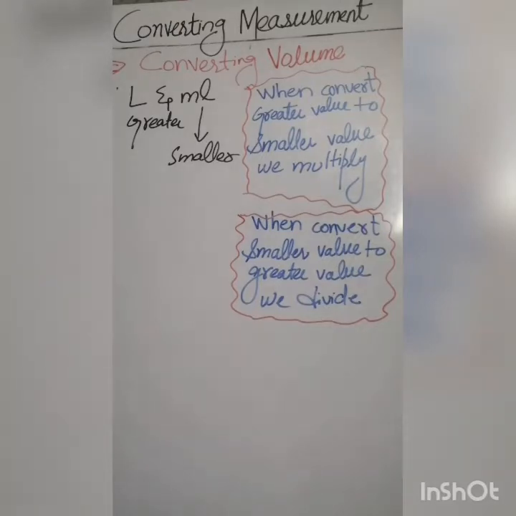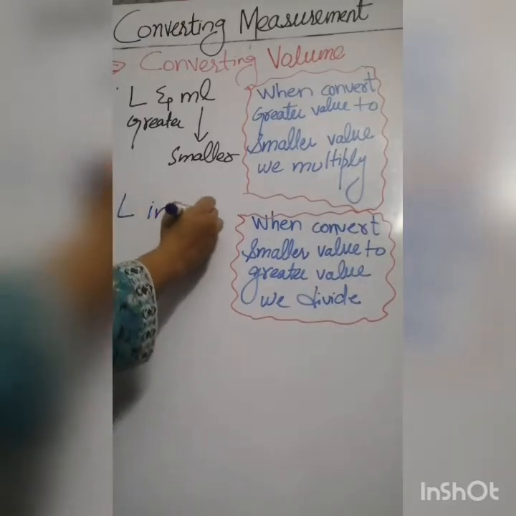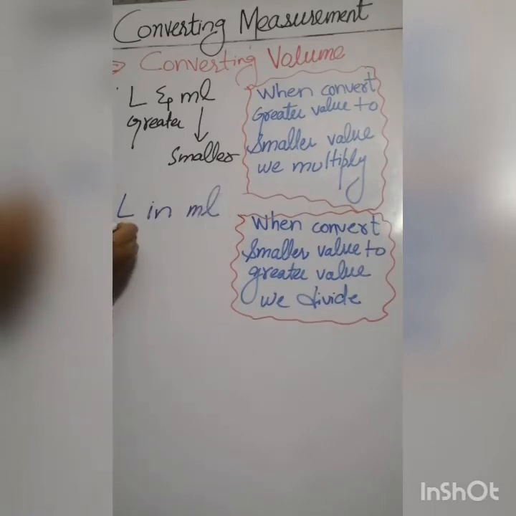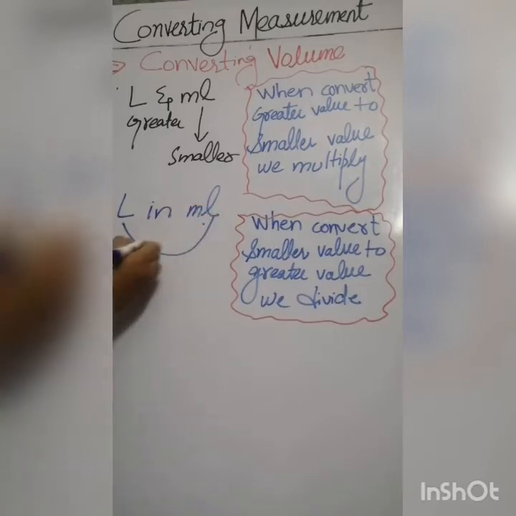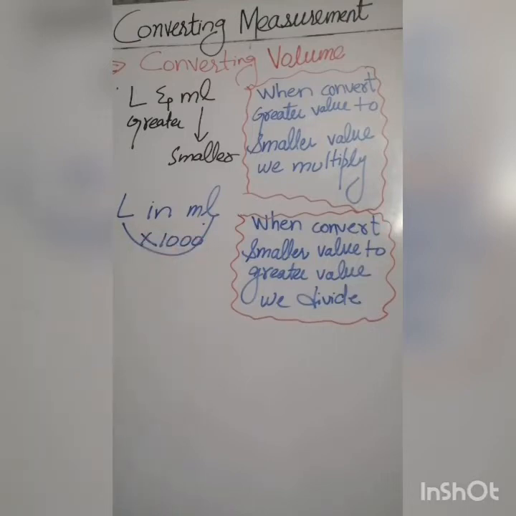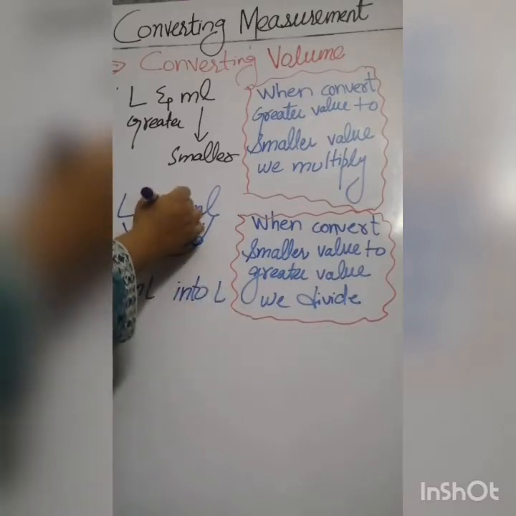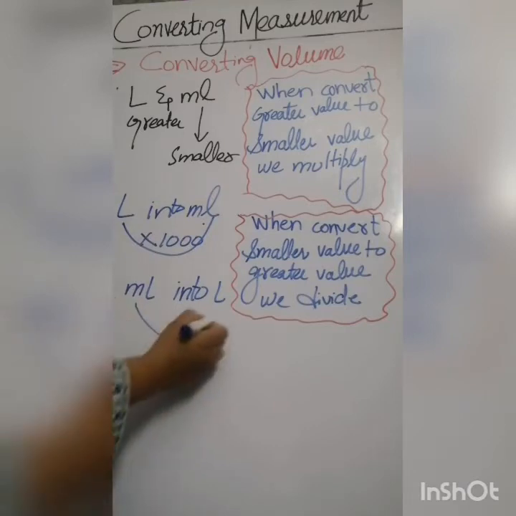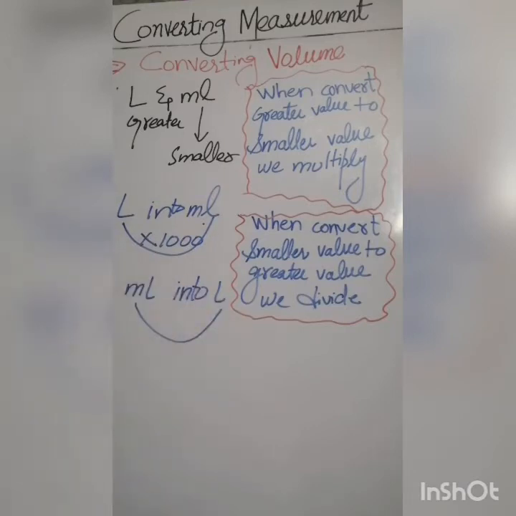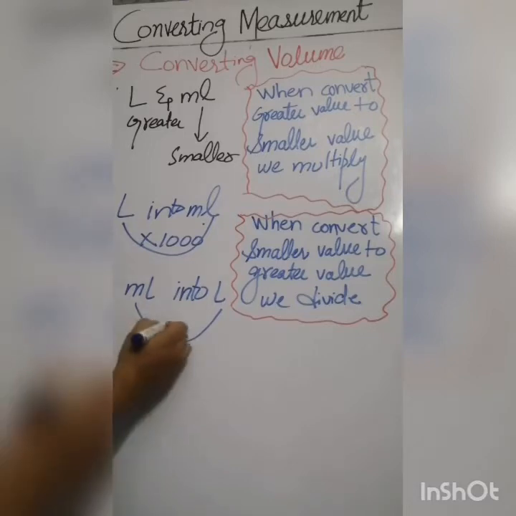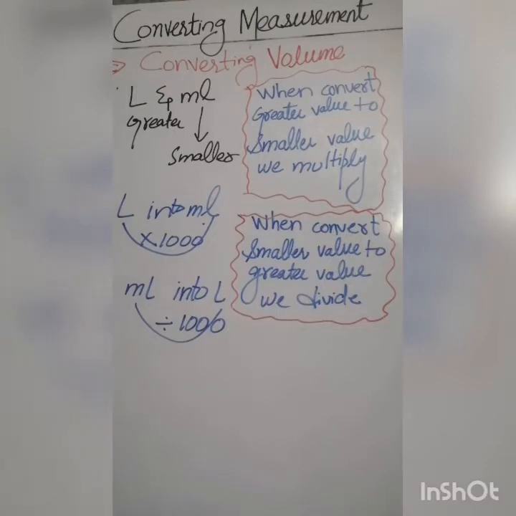When we convert liter into milliliter, we multiply it by 1000. And if we convert ml into liters, ml is a smaller value, liter is a greater value. When we convert smaller value into greater value, we divide it by 1000.